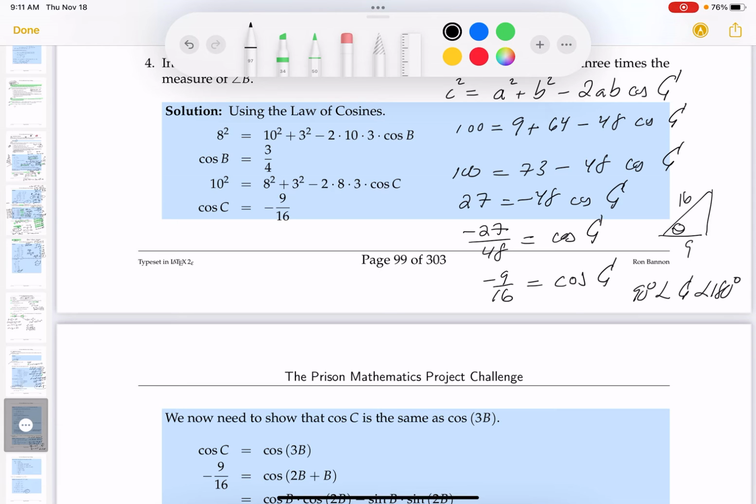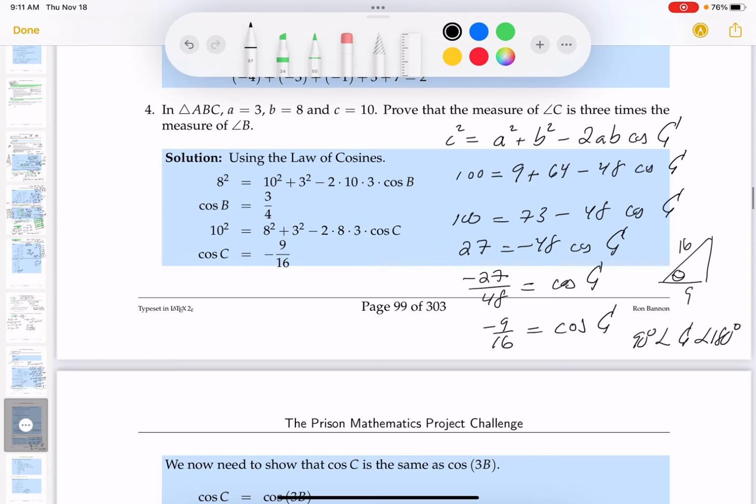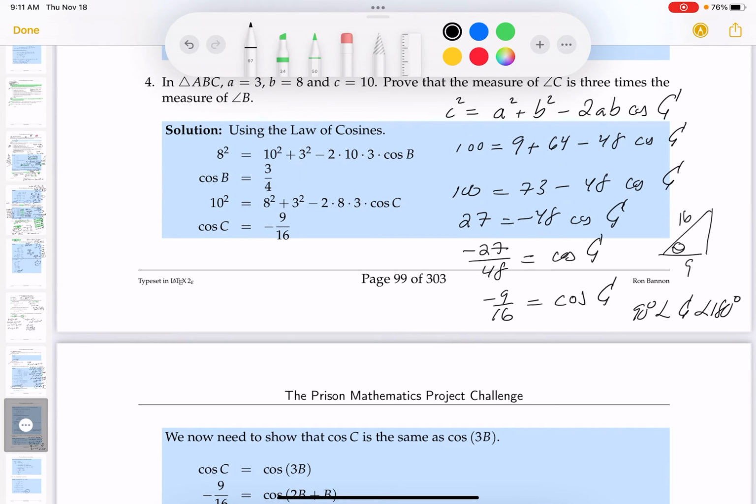So let's take a look at the other one. And so I wonder what the other one is. The other one is, it says, prove that the measure of C is 3 times the measure of B. All right. So I know what C is. But then the question is, can I show that this thing over here is this thing over here?